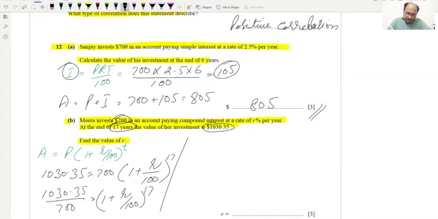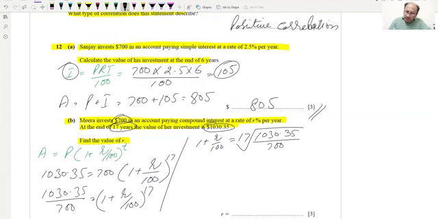Now we can take the 1 over 17 power to get rid of this 17, so 1 plus R over 100 is equal to the 17th root of 1030.35 divided by 700.